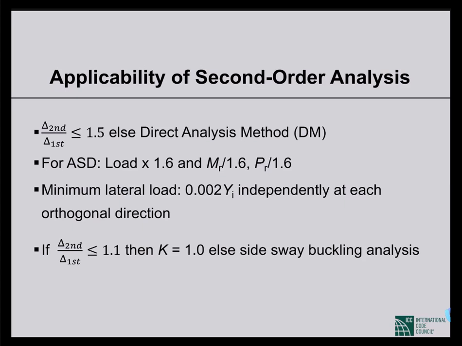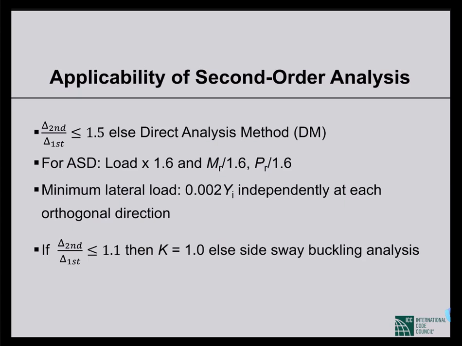So we multiply 0.002 with the gravity load and apply that as lateral load, even if we don't have any lateral load at that level. This is the minimum amount of lateral load that we have to apply. This is a kind of notional lateral load that we'll talk about in the direct analysis method later.